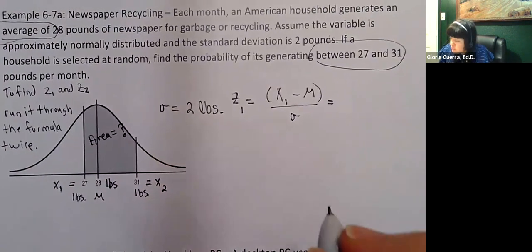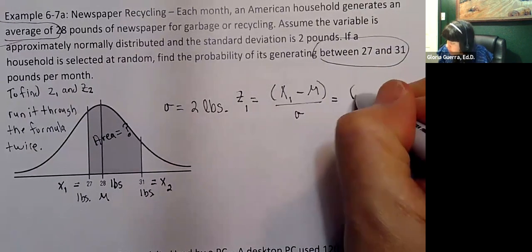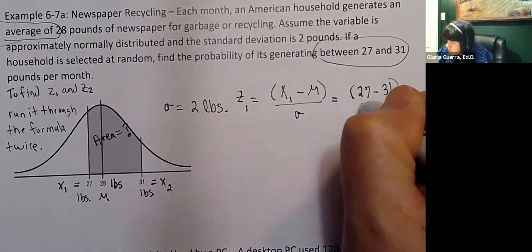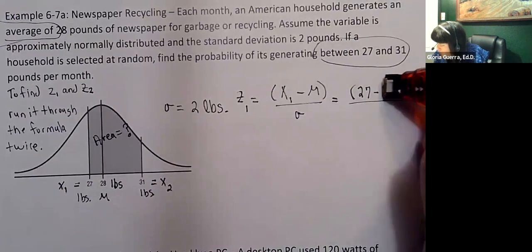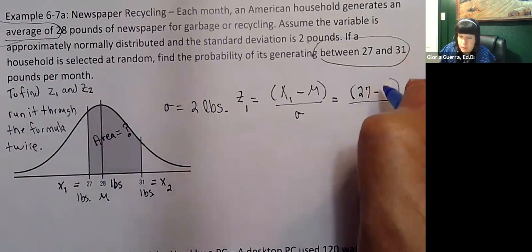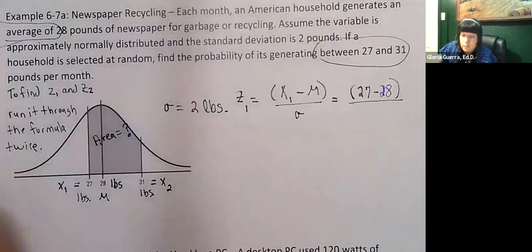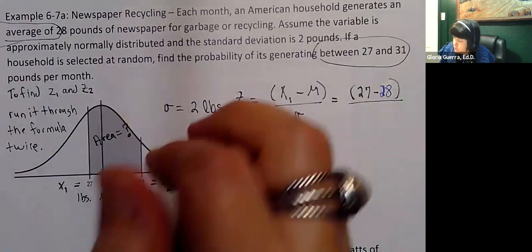And when I do my substitutions, I have 27 minus the mean. What is the mean? The mean is 28, all over sigma, which is 2.